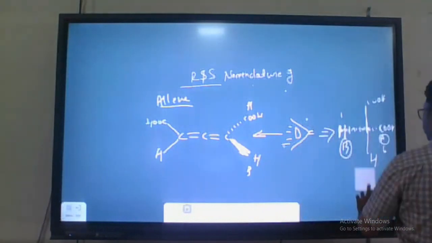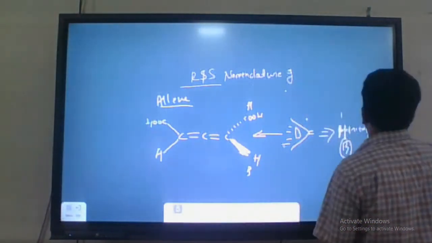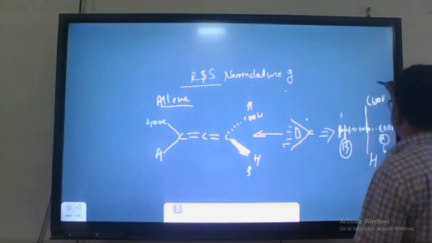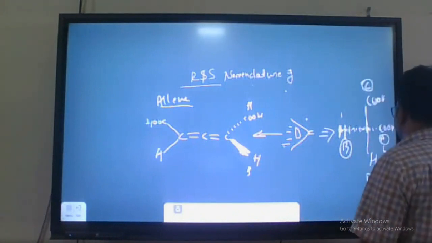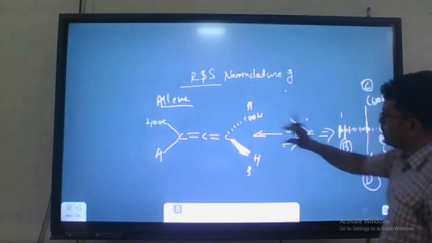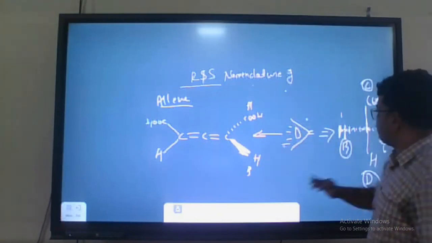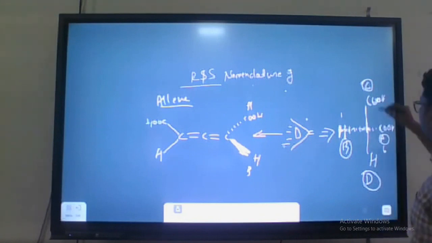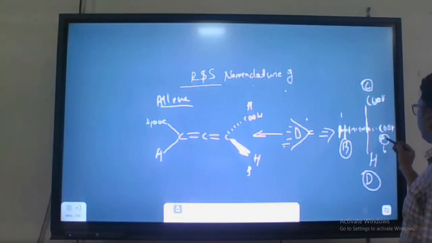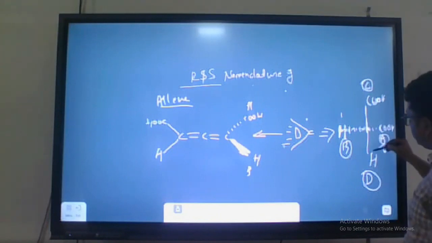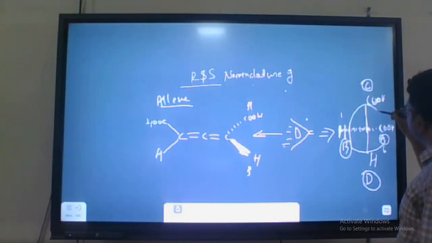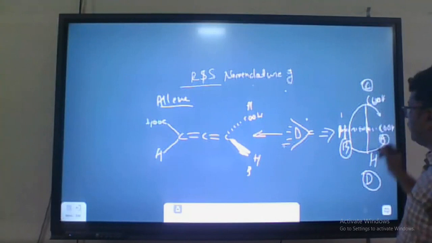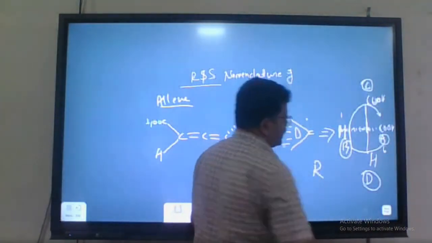Next, C and D. What is this one? This is C and this is D. First, the near side is A, left is B. Between the hydrogen and carbon, C has the higher atomic number, so C is higher priority than D. Then this is A, B, C. So it means R configuration, rectus, right side.